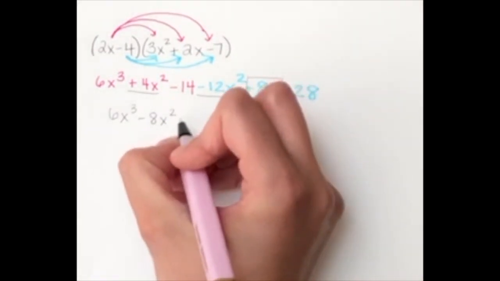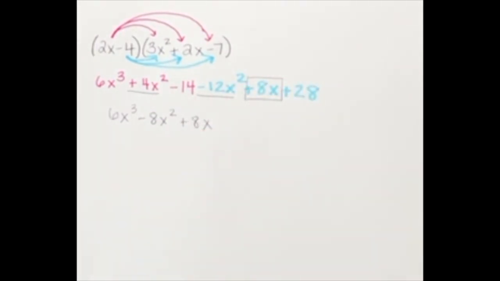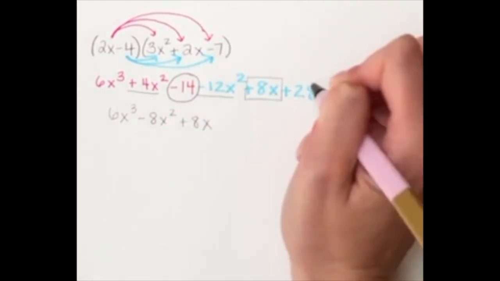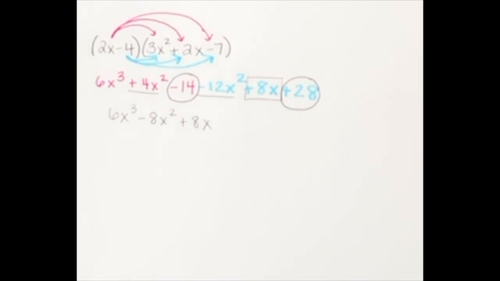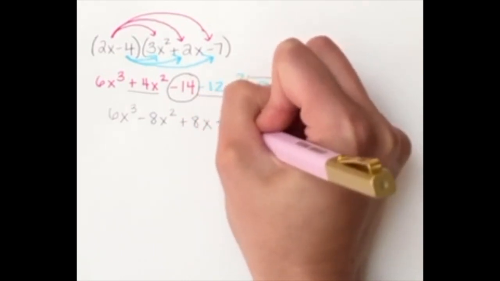So that's going to come next. So plus 8x. And then finally, I'm going to combine my constants. So negative 14 plus 28. We want to watch those signs. We want to make sure we're really careful. When we combine those, we get a positive 14.